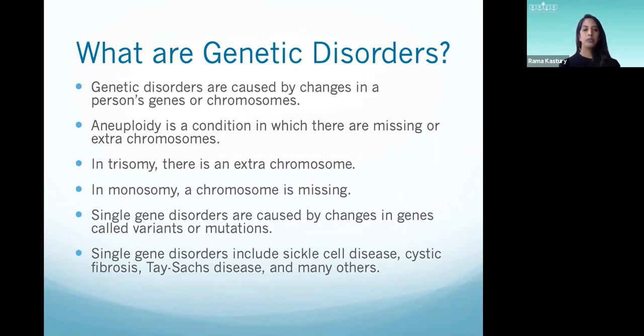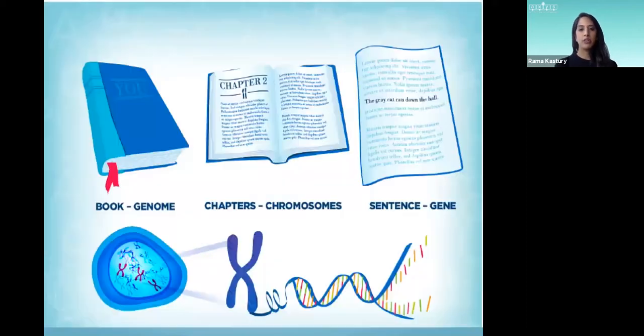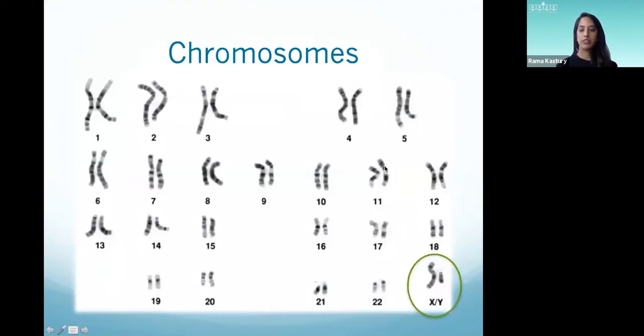When we talk about changes in the number of chromosomes that are supposed to be there, we use terminology like aneuploidy, which means that someone is either missing a chromosome or has an extra set of chromosomes. If you look back at our little karyotype, each chromosome has 2 copies, usually one from our mom and one from our dad.